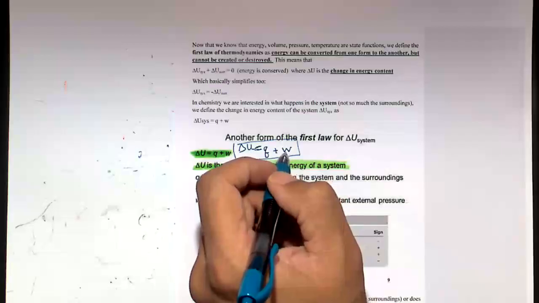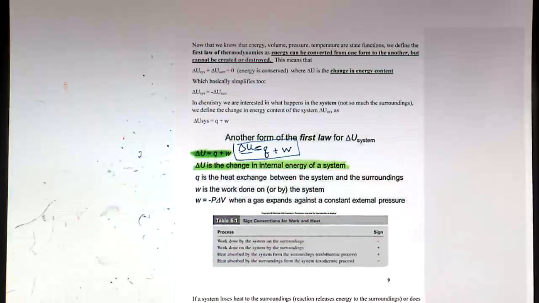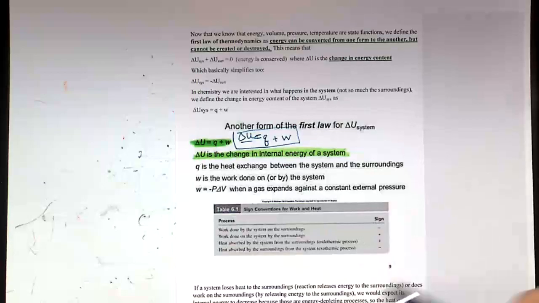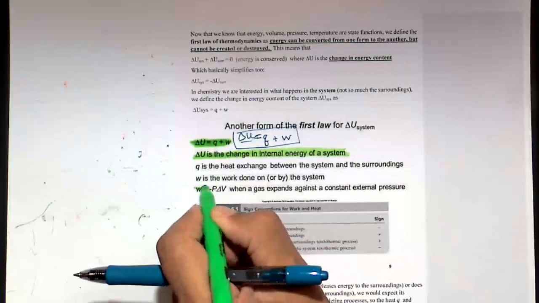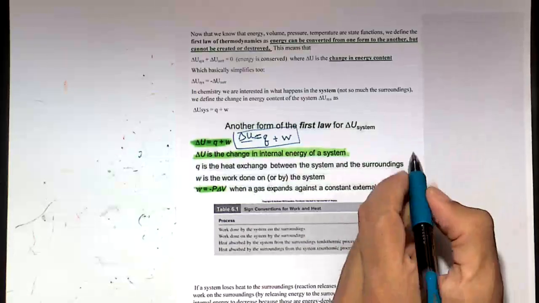Work will be done by the system, or work will be done on the system. When we're talking about gas, we're talking about pressure volume work.